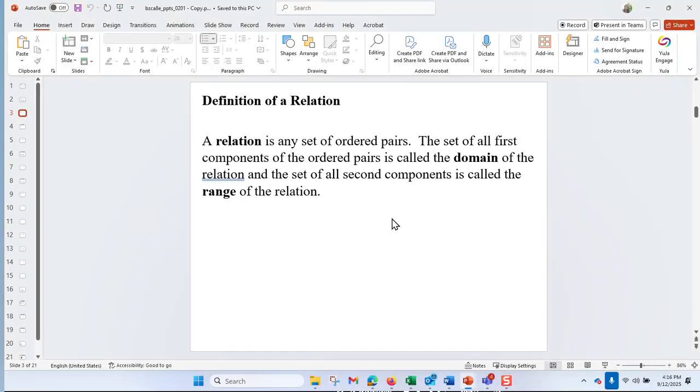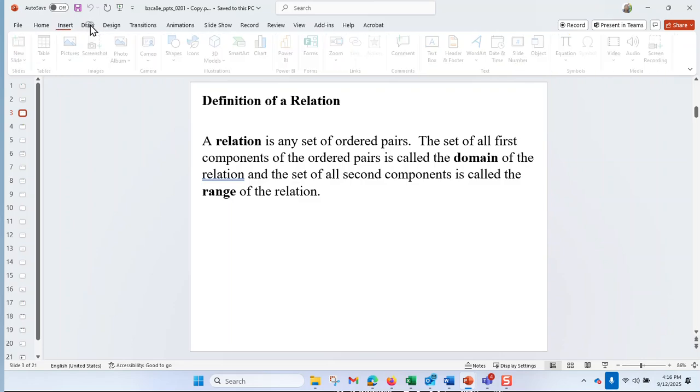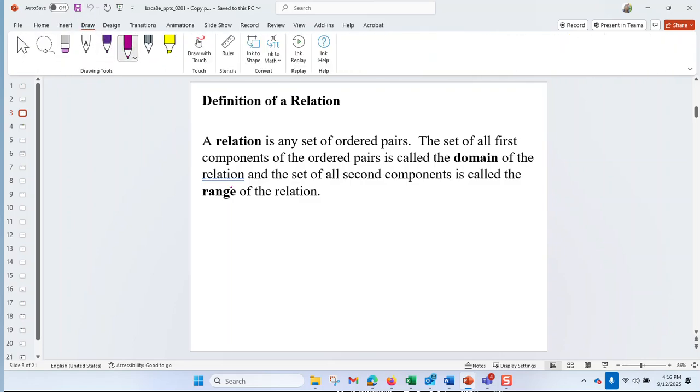We usually use f of x to represent a function, where x is the input, and this input is the domain, and y is the output, which we also call the range.